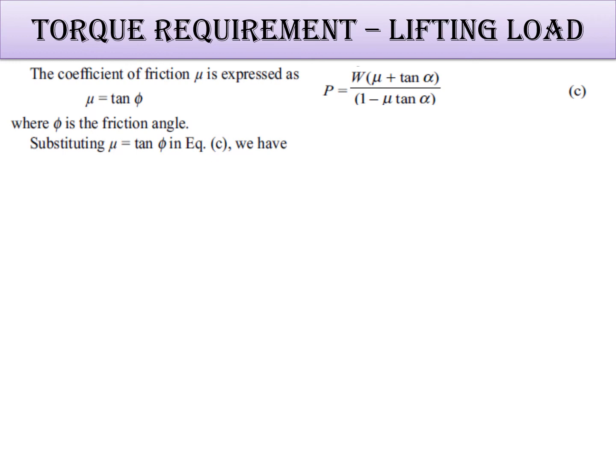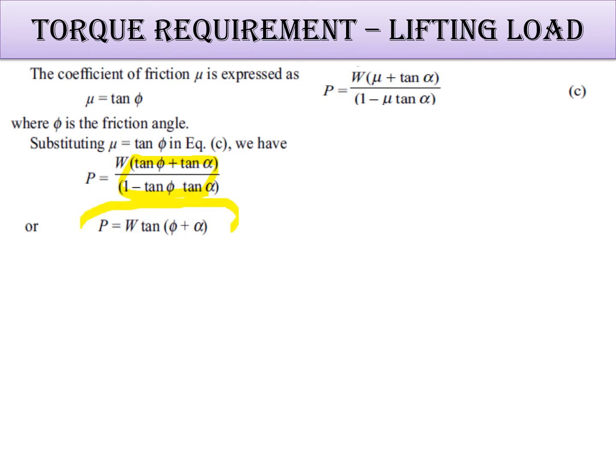If we place mu as tan of phi, this equation will become P is equal to W times tan of phi plus tan of alpha divided by 1 minus tan of phi into tan of alpha. And this is the trigonometric relation: tan of a plus b is tan a plus tan b upon 1 minus tan a into tan b. So P is equal to W tan of phi plus alpha.